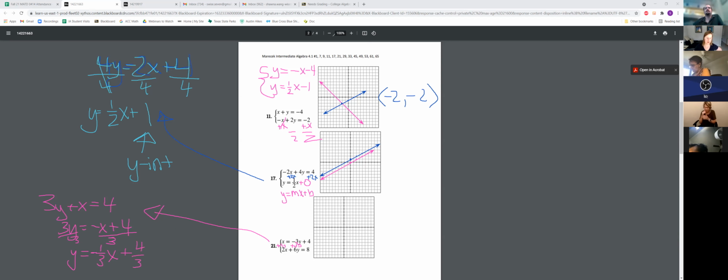And then for the next one, I did the same thing. Sorry, it's just so hard to see on my phone. Yeah, I know. So this one, I moved the 2x over, so I got 6y equals negative 2x plus 8.